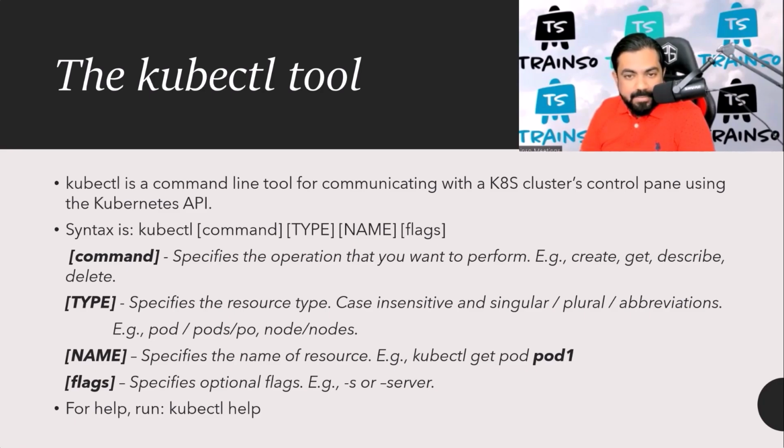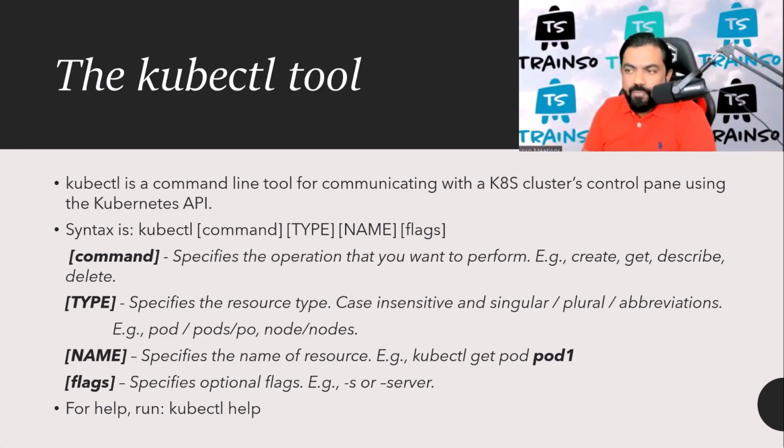In the command part, we specify the operation that you want to perform. Example: create, get, describe, delete, etc. In the type part, we specify the resource type, and here it could be pod or pods or nodes. There are different variations that are supported.